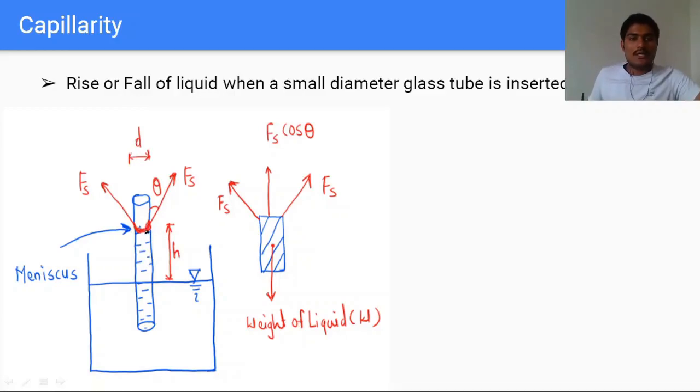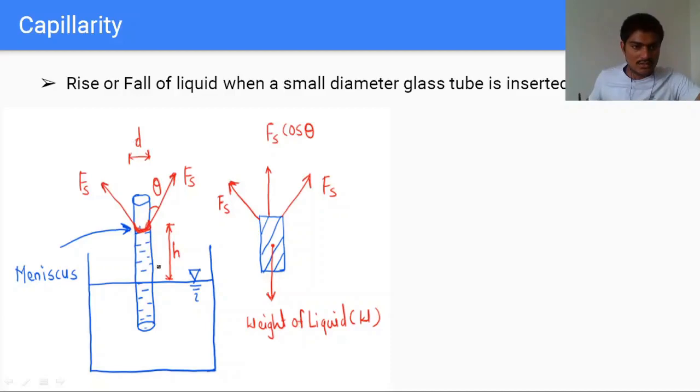I already told you that capillary rise or capillary fall is because of surface tension. So of course there should be a force governing this capillary rise or fall, that is the surface tension force, which we can represent as F suffix S. This is the enlarged view of the water element which has risen in the glass tube.